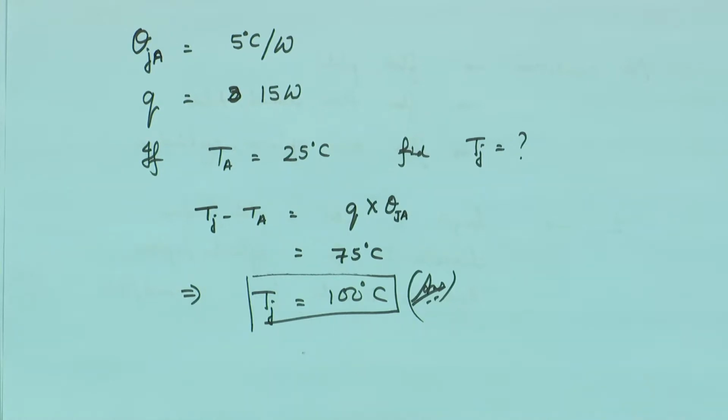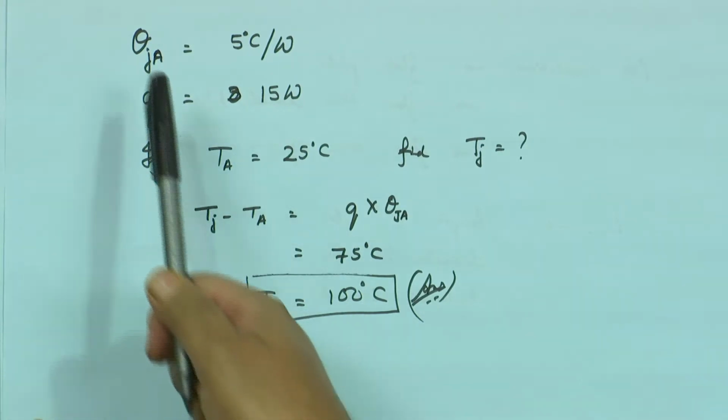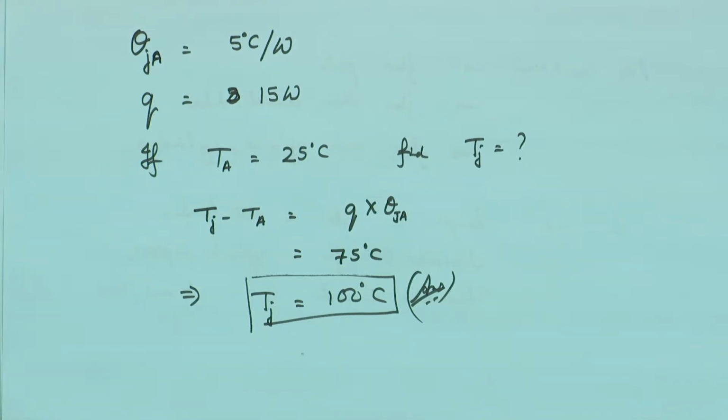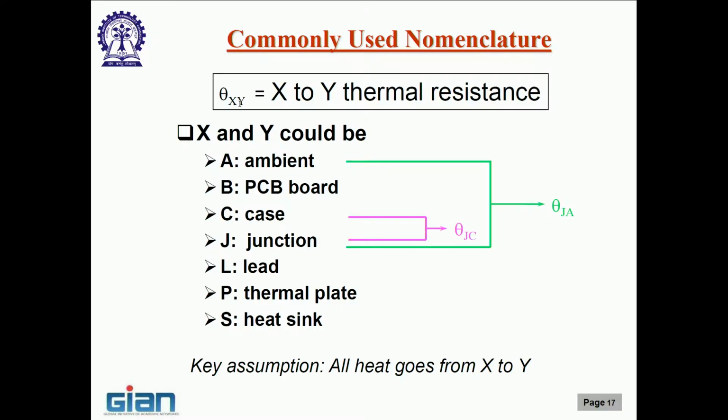The problem here is that the key assumption is the entire heat goes from junction to ambient. When I say theta xy, the assumption is the entire heat goes from x to y, which may not be the case. This is a drawback of the theta JA method.